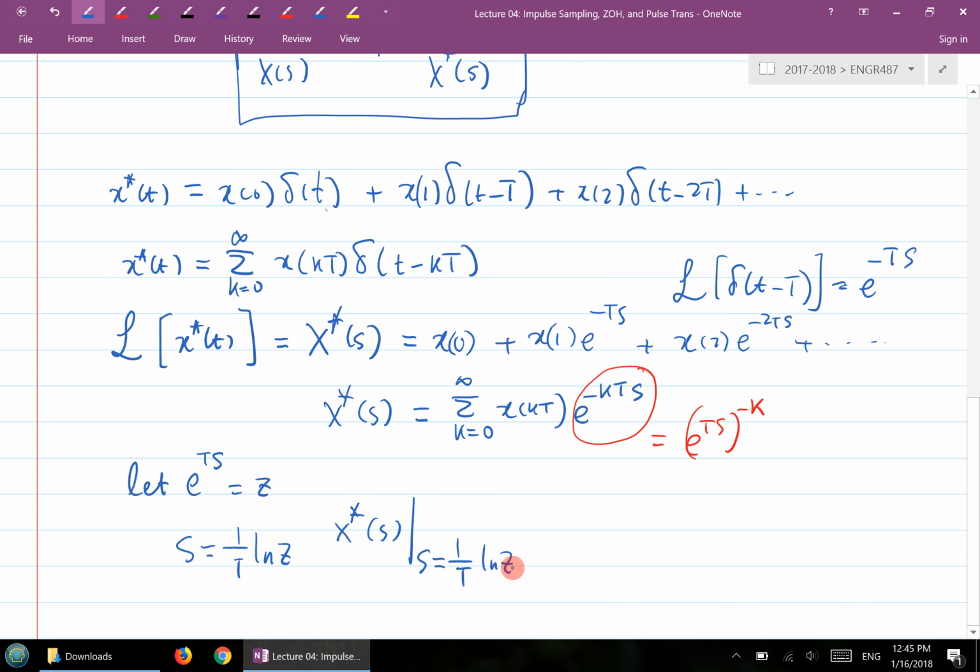And then on the right side, you replace that e to the power of Ts with z, and that gives us what? z to the power of negative k. Okay, so that's the result of this substitution.